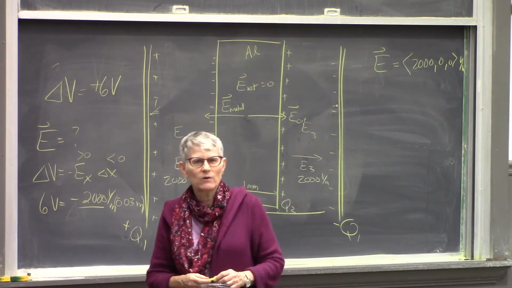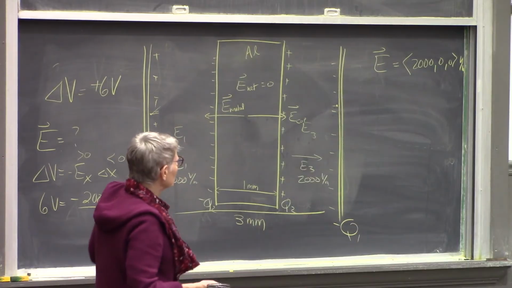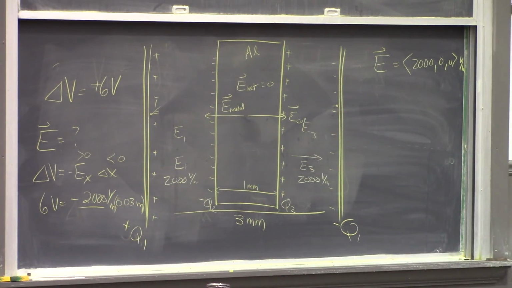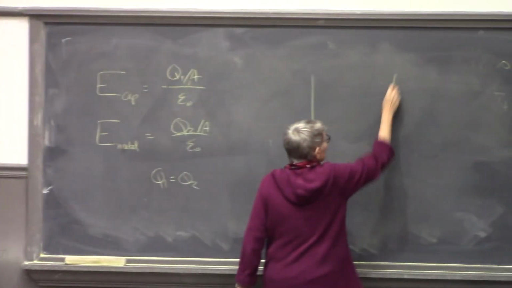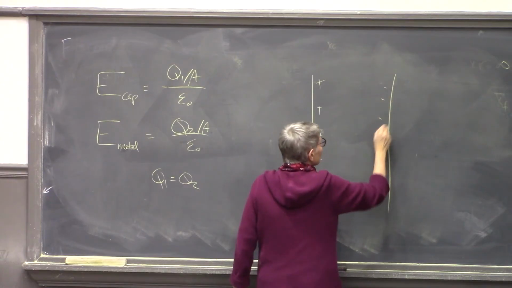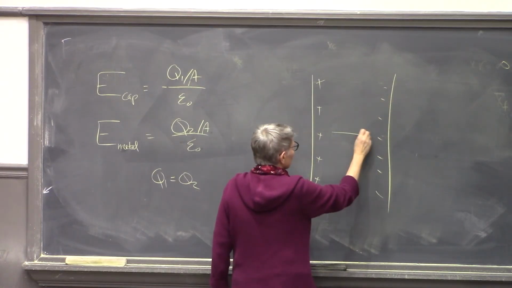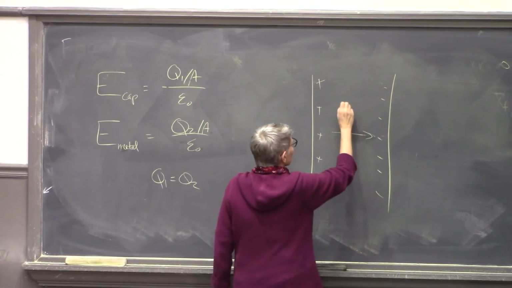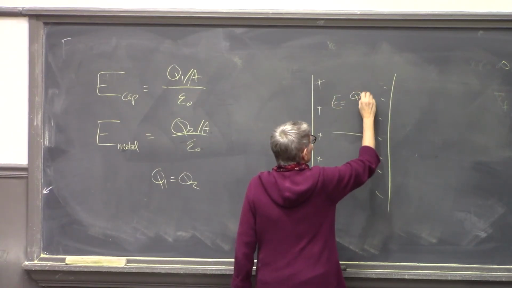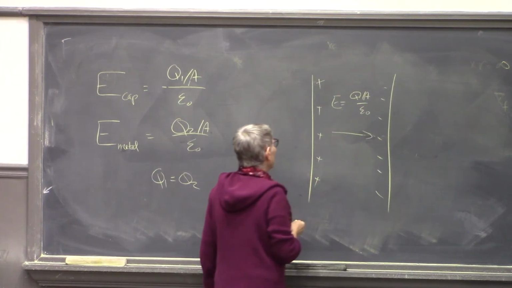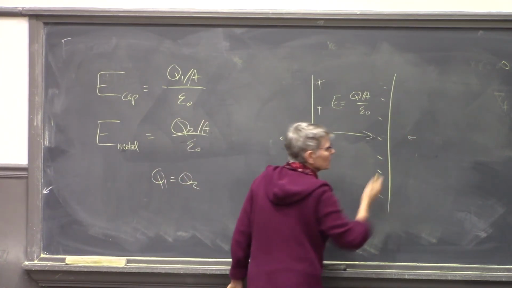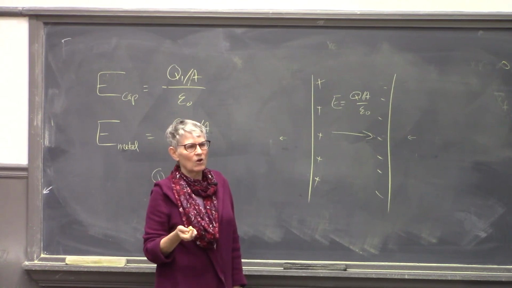And why can we make this assumption? Well, we're ignoring what we called the fringe field of the capacitor. Okay, so remember when we talked about capacitors, we said in here E was Q over A over epsilon 0, and out here we did have a non-zero field, but it was quite small.